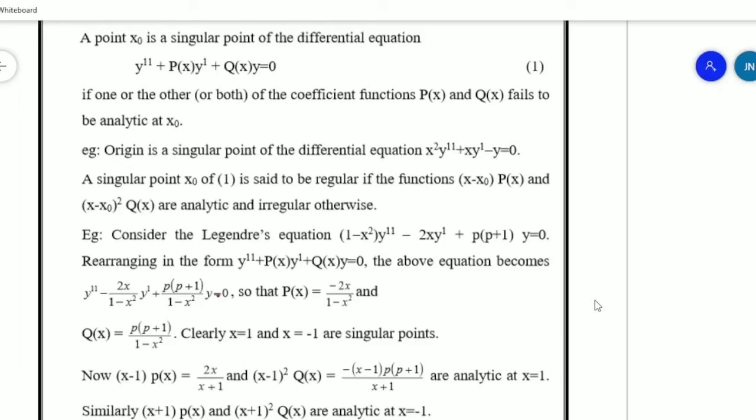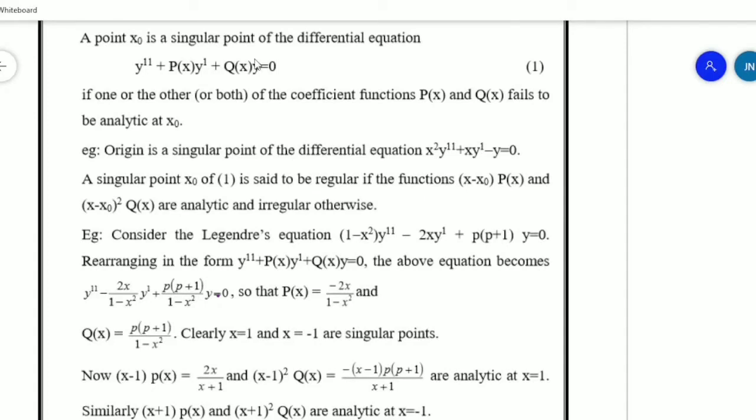Next we have the regular singular point. A point x0 is a singular point of the differential equation y'' + p(x) y' + q(x) y = 0 if p(x) and q(x) fail to be analytic at x0.